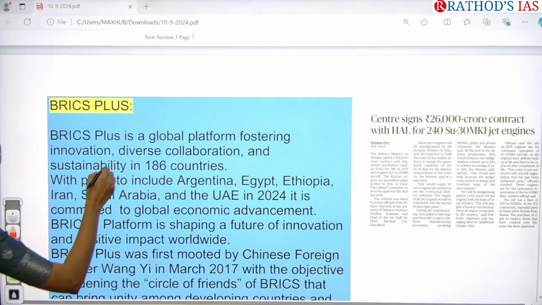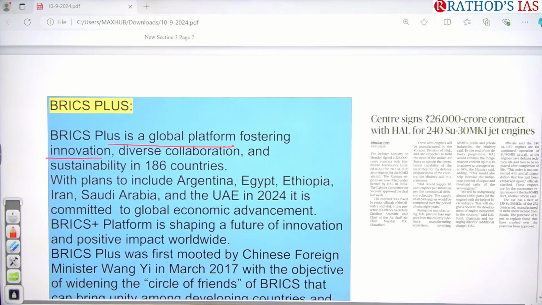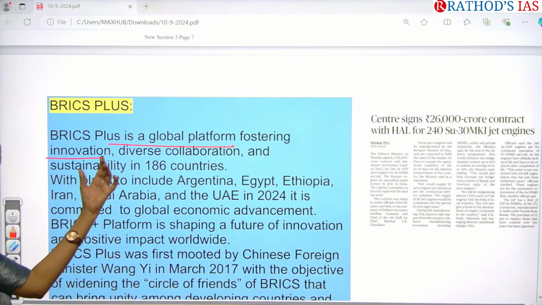BRICS Plus is a global platform focusing on innovation and diverse collaboration, especially on 186 countries. There are plans of including other countries and expanding the membership of BRICS, which is called BRICS Plus.